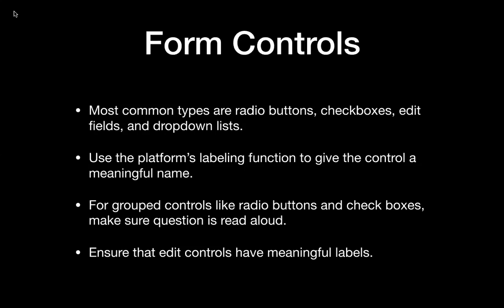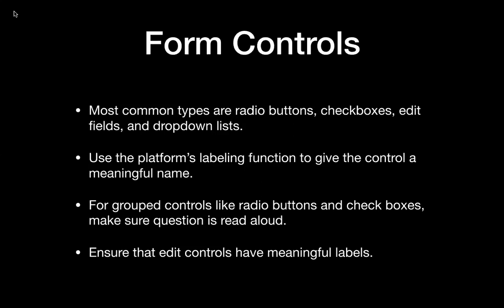There are two types of controls that you often find in groups. These are the radio button and the checkbox. In these cases, you want to make sure that each control, that is to say, each radio button, each checkbox, has a label that tells us what it is, and that you also can tell what the question is.